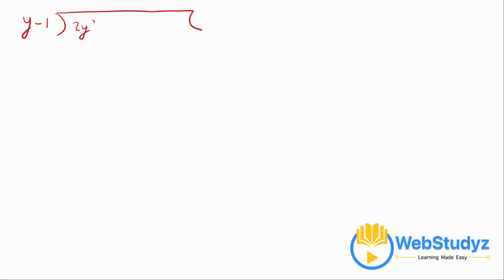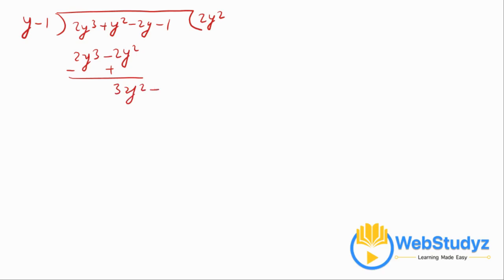So this will be 2y cube plus y square minus 2y minus 1. Dividing this, 2y square times, we get 2y cube minus 2y square. So this will be 3y square minus 2y minus 1.